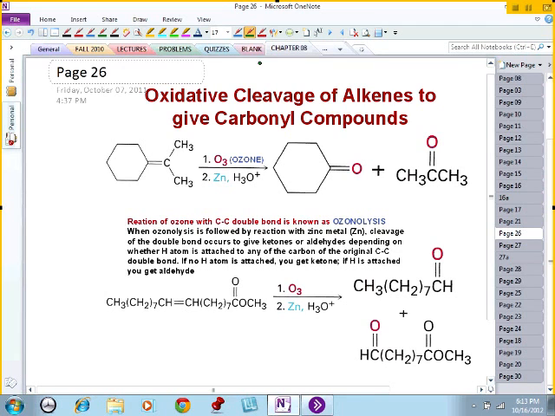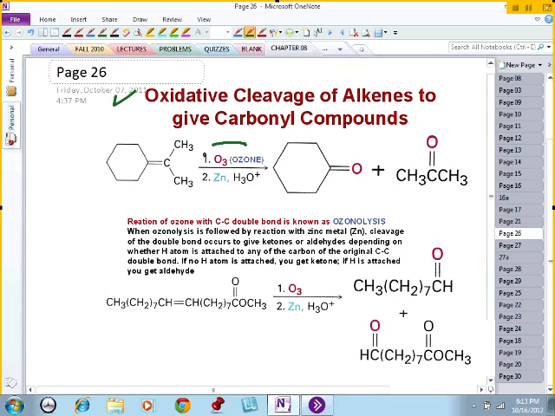If you recall, when we left on Tuesday, we showed you the various ways in which we can cleave a carbon-carbon double bond. We titled this oxidative cleavage of alkenes to give carbonyl compounds.